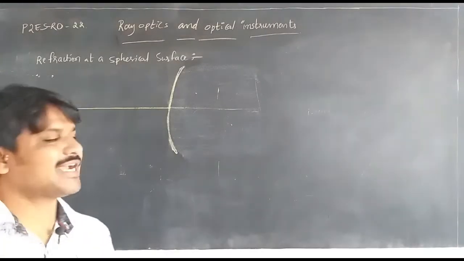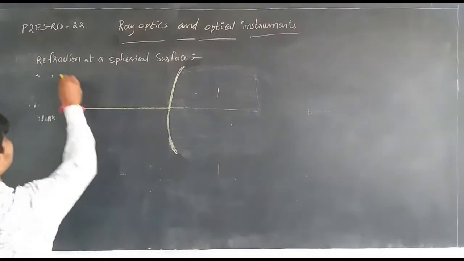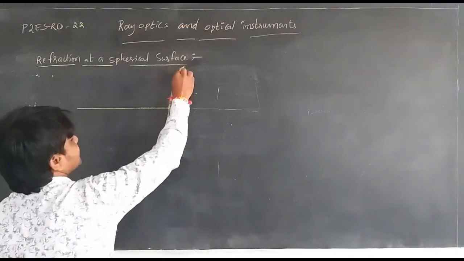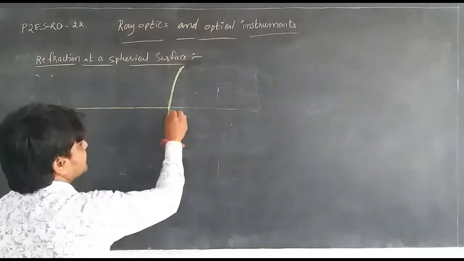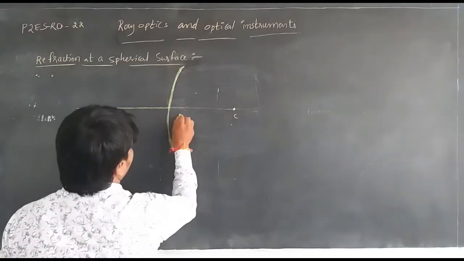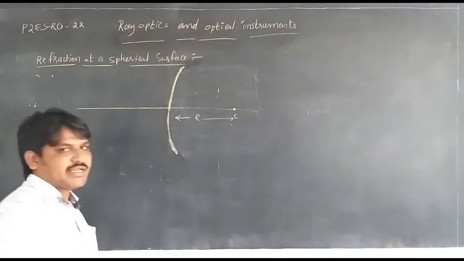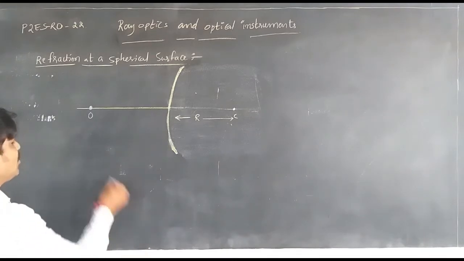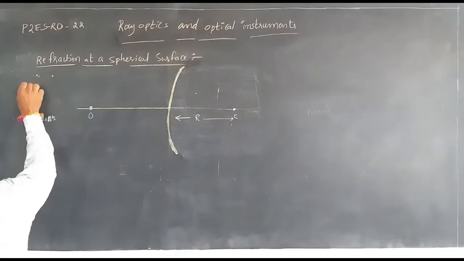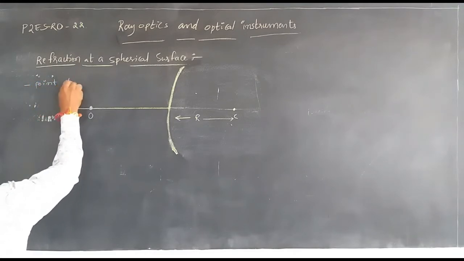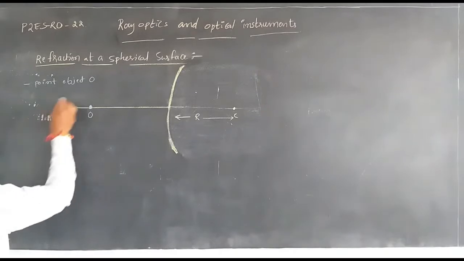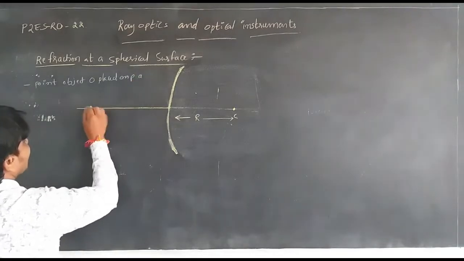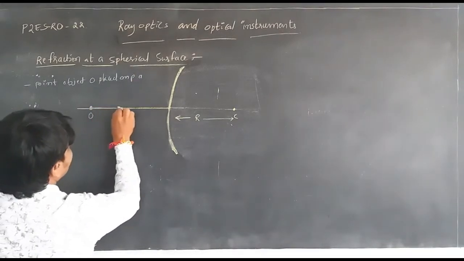So, refraction at a spherical surface. Refraction at a spherical surface means taking one refracting surface, a convex refracting surface of radius R. Let O be the point object placed on the principal axis.